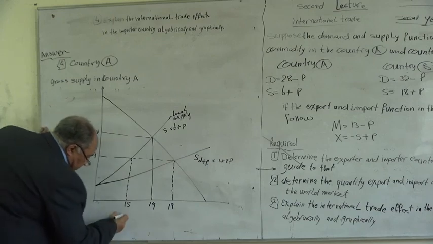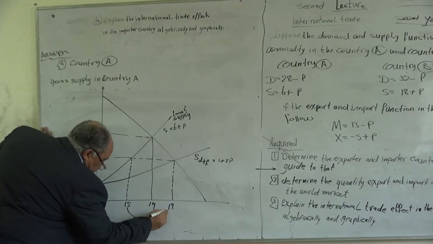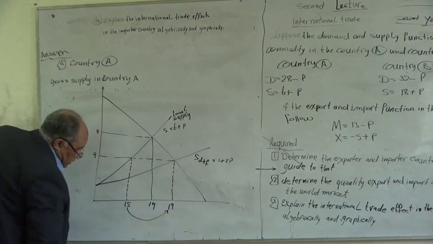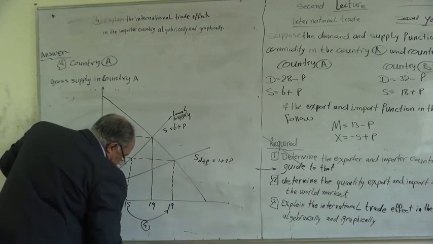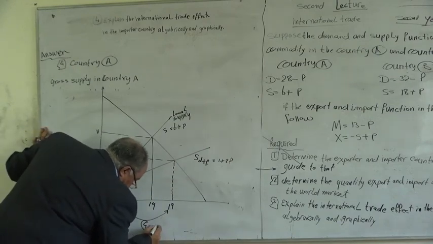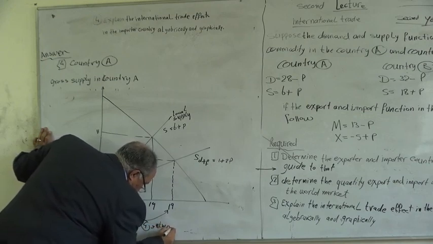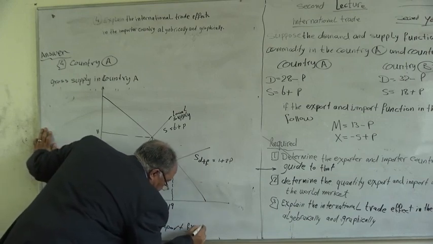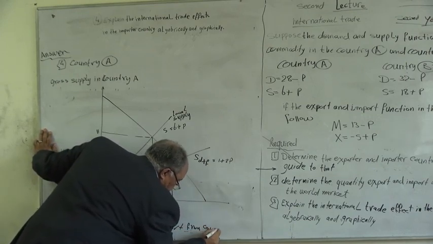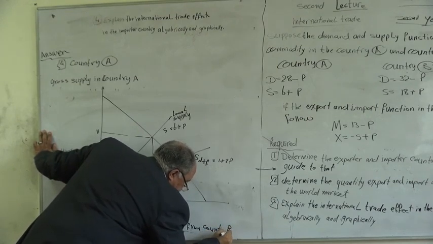This means the difference between local production and local consumption is 4, and 4 equals the quantity imported from country B.